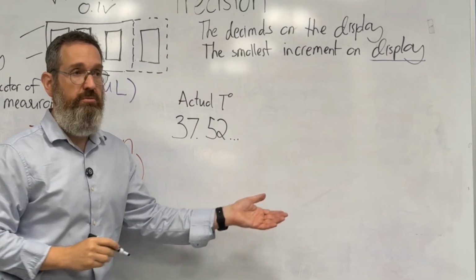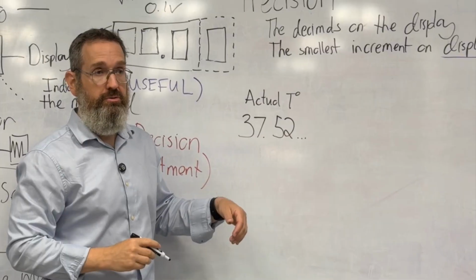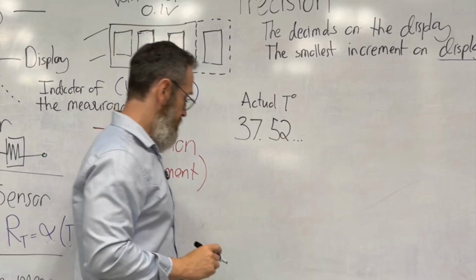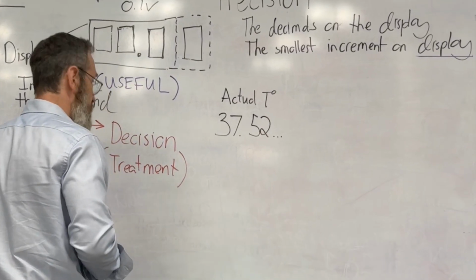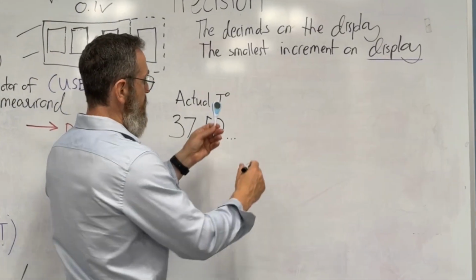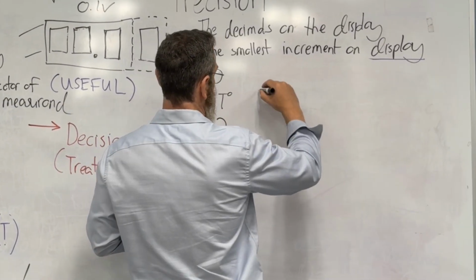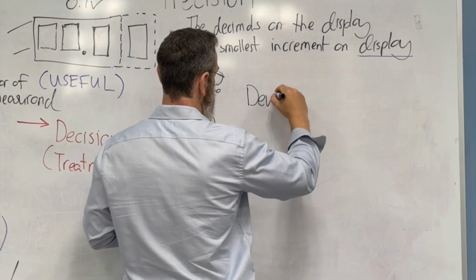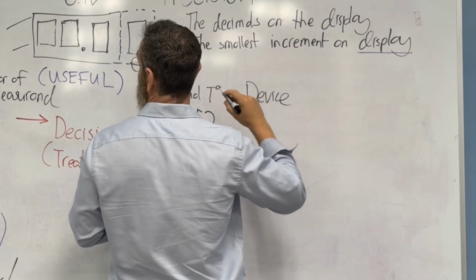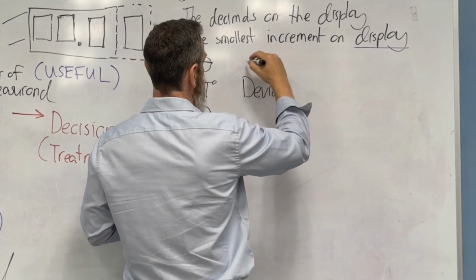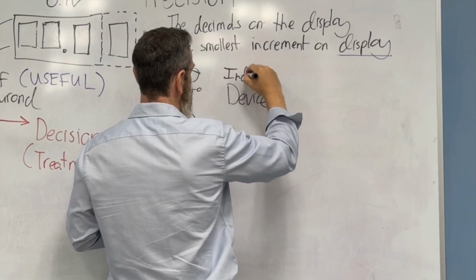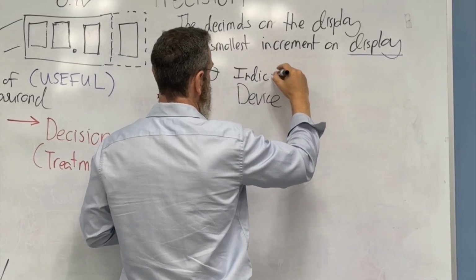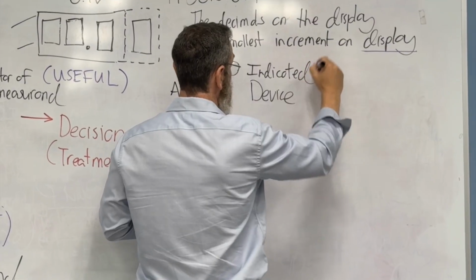It's some value, but it's 37.52 degrees C. I use this device here, so we'll call this device 1, and I look at what is indicated on the display.